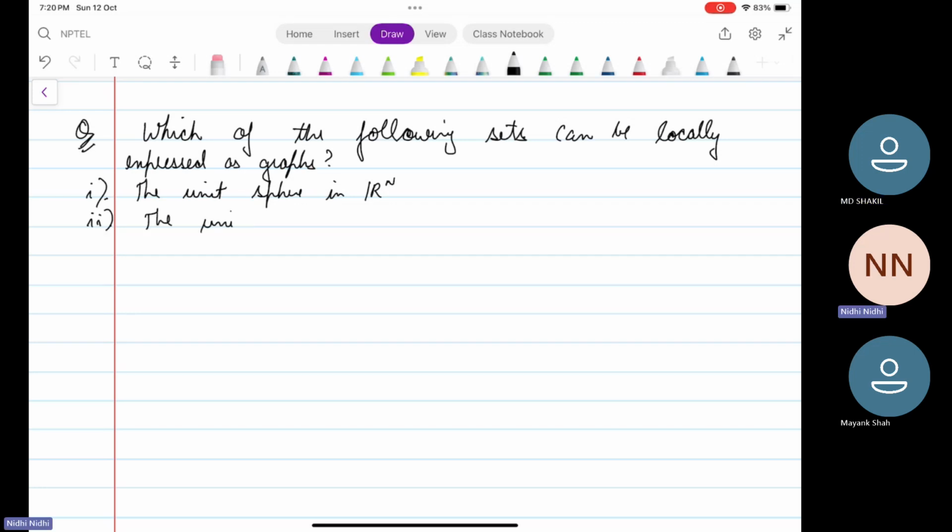But showing that we can never find a function, or finding some counterexample. Suppose for some examples we are not able to find any function. The x and y axes in R2.